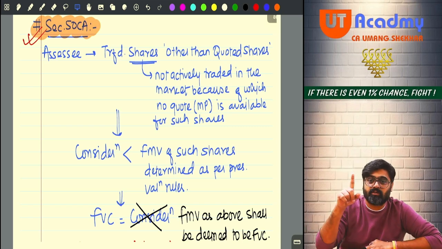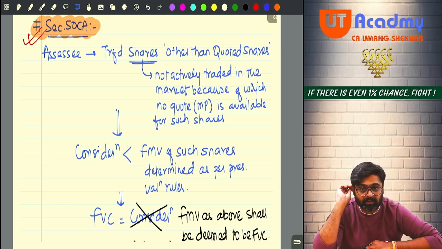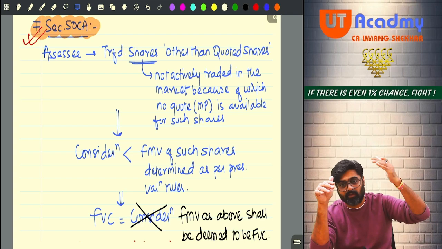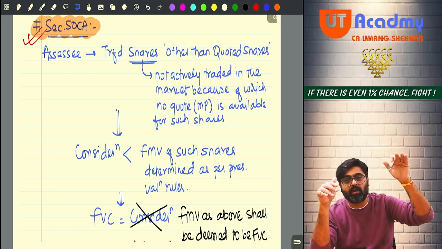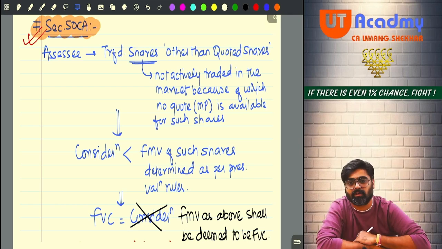And if the question is framed on shares, they will definitely test you on this also. So the fair market value of the share will also be given. That is an indication that they want you to see whether this fair market value is higher. If yes, then ignore your sale consideration and take this fair market value as full value of consideration.